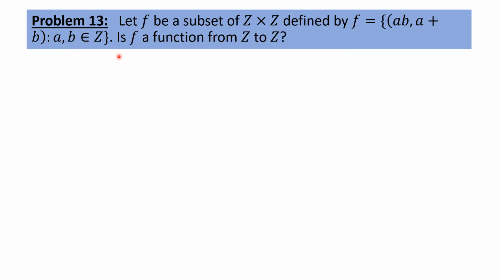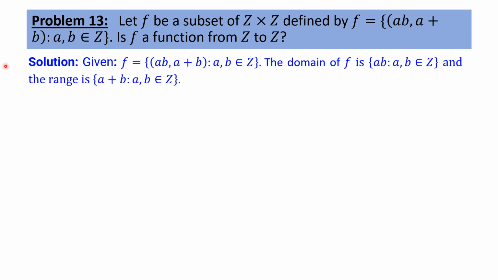We are required to find if f is a function from Z to Z. Now we are given that f is equal to (ab, a plus b) for a and b in Z. The domain of f is ab, where a and b are integers, and the range of f is a plus b, where a and b are also integers.